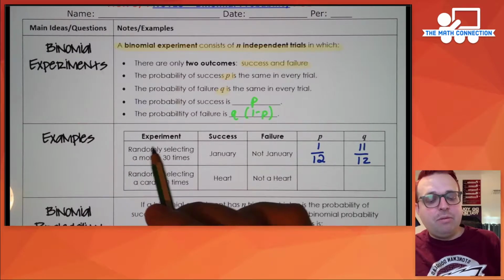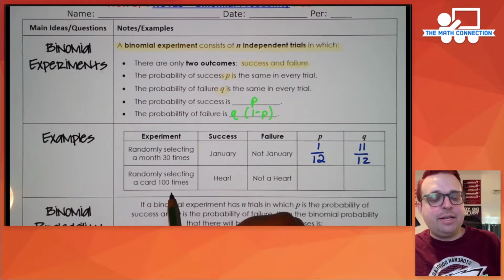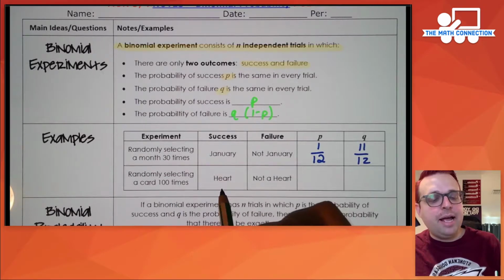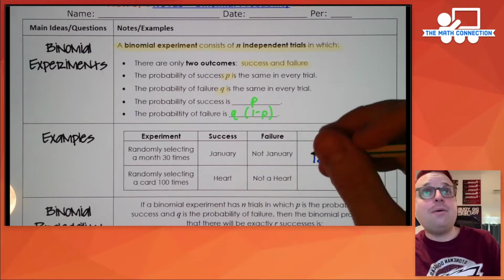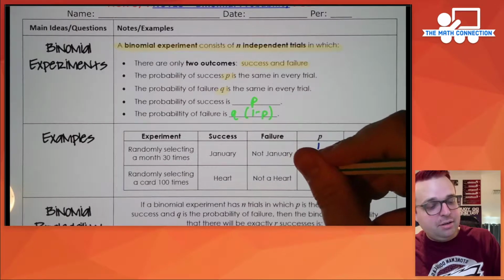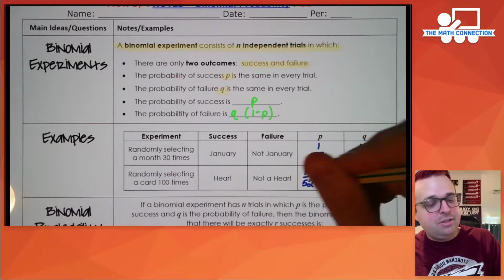Okay, second experiment is randomly selecting a particular card 100 times. It's going to be a success if we choose a heart, and it's going to be a failure if we choose something that is not a heart. So if we think about a deck of cards, there are 52 cards, and how many of them are hearts? There are 13, okay? So that would be 13 out of 52.